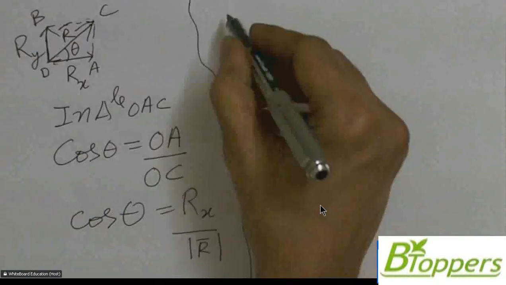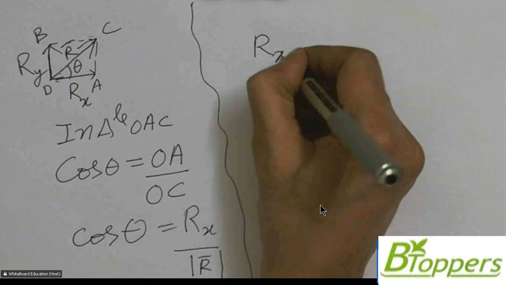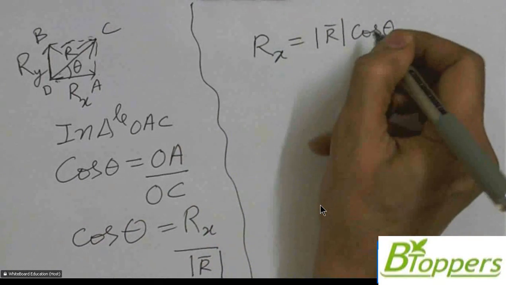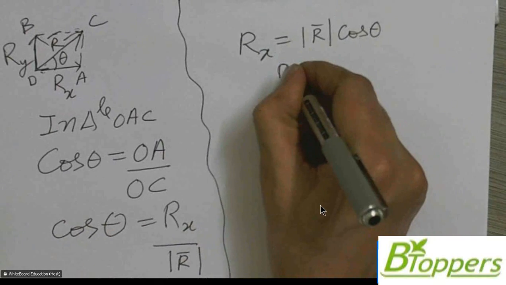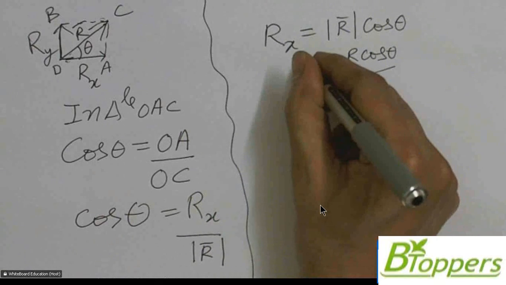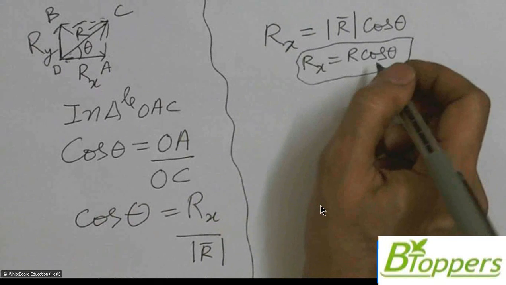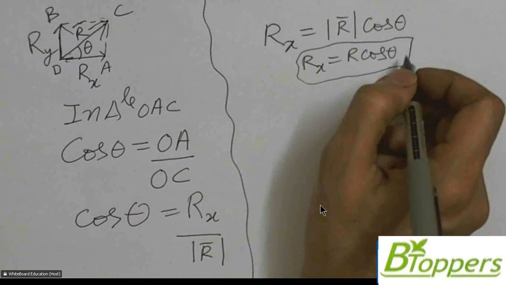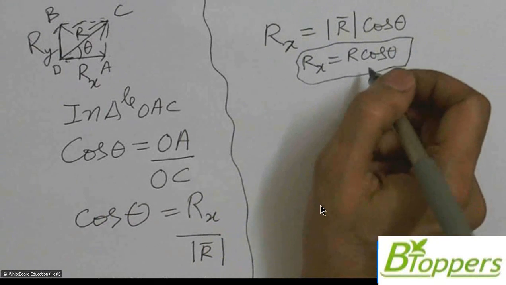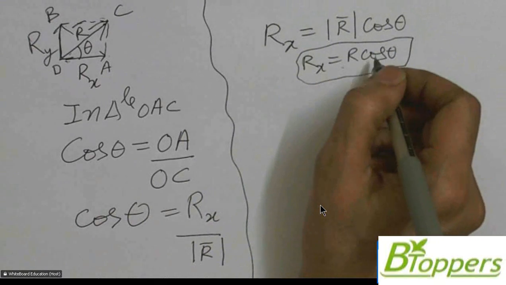Therefore you can write Rx equal to mod of r bar into cos theta, or we write simply Rx equal to r cos theta. So if the vector r bar which lies in the xy plane makes an angle theta with the positive direction of x-axis, the x component of the vector is given by Rx equal to r cos theta.